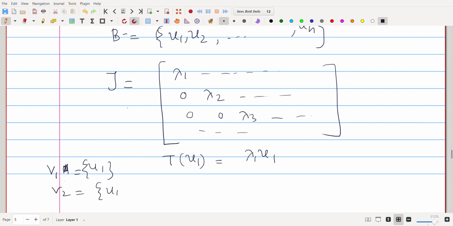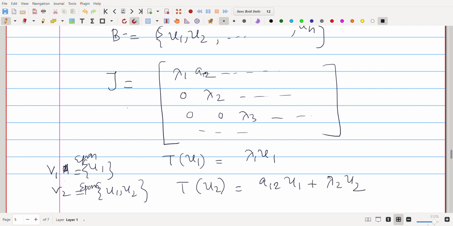V2, say the subspace generated by U1 and U2, it is the span of U1 U2. This is also an invariant subspace. Why? Because T of U1 equals lambda 1 times U1 and T of U2 equals, say, A12 times U1 plus lambda 2 U2.